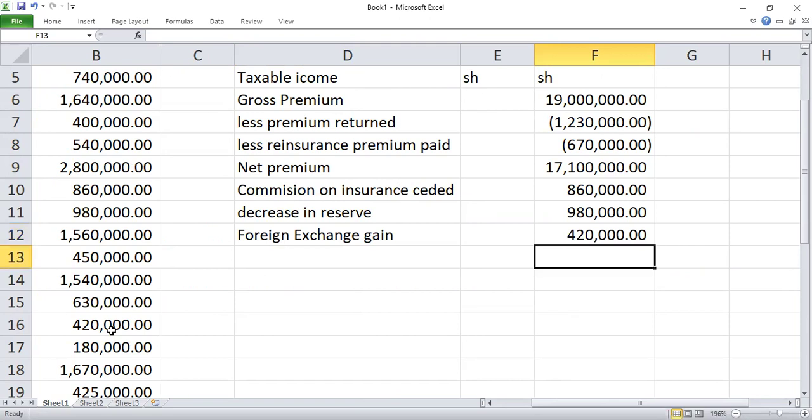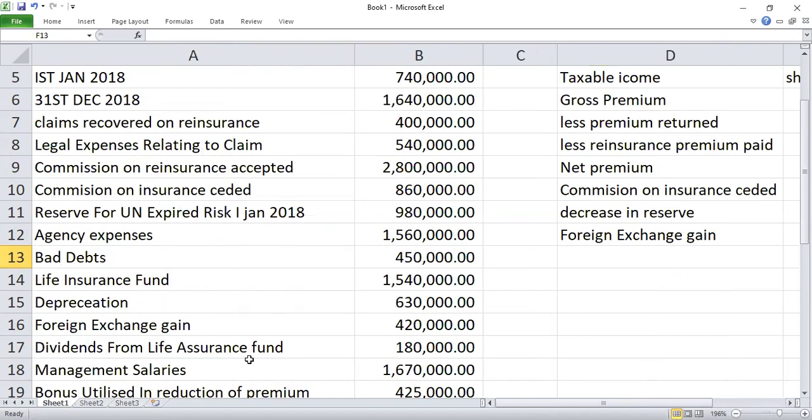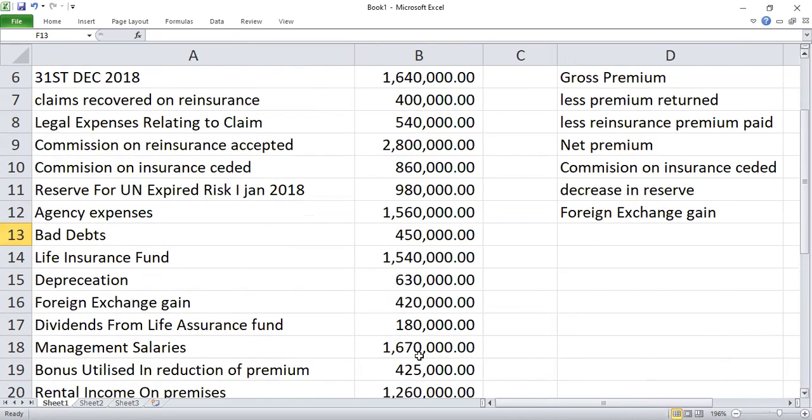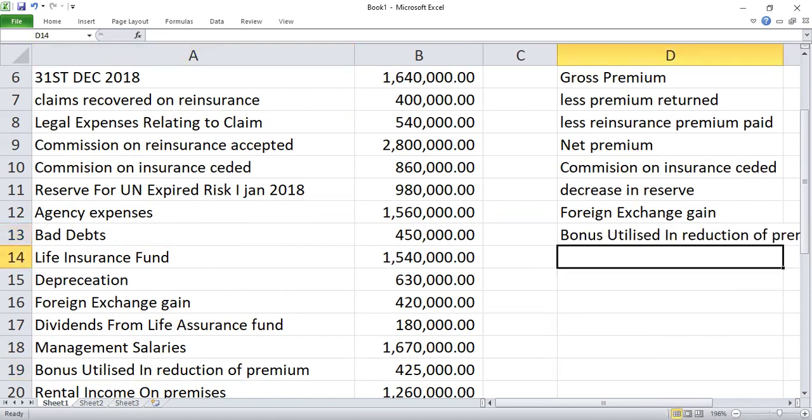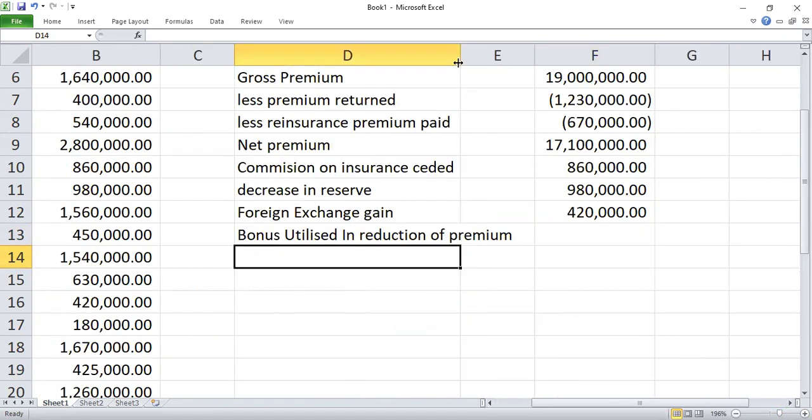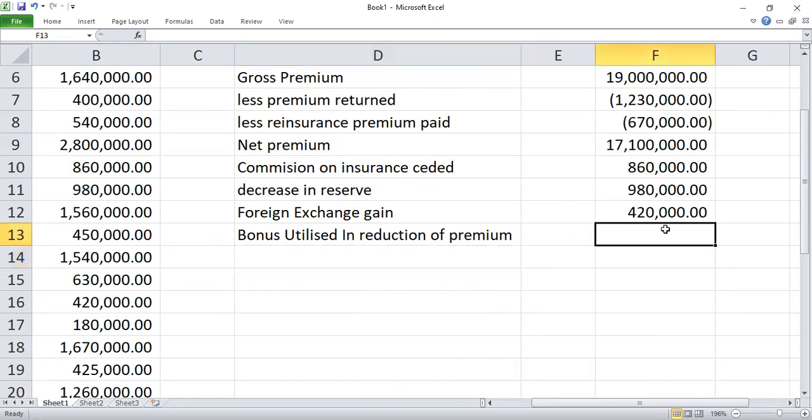So we have exhausted that. We also have bonus. Sorry, the last income is bonus. We have here bonus utilized in reduction of premium. Bonus is an income. The amount there is 425,000.